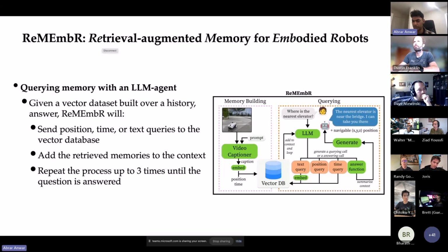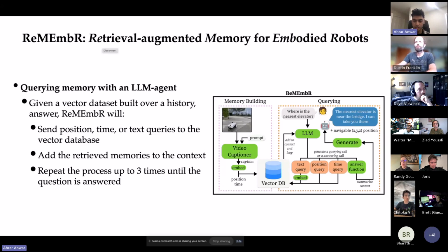So that's currently how we have the problem formulated. The reason we do this up to 3 times loop is if the LLM doesn't retrieve the right information, it can try again. Essentially, it can create a query formatted in a different way to look for this information.